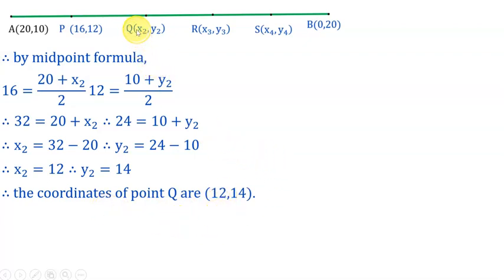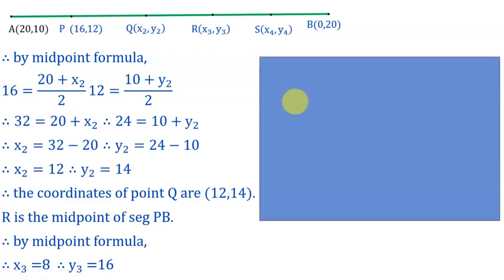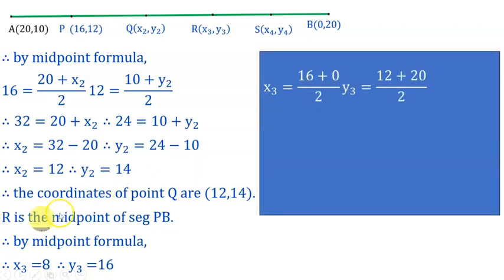Now here we got the coordinates of Q. Okay, next, R is the midpoint of PB. Okay, R is now the midpoint of PB. Therefore by midpoint formula, x3 is 8 and y3 is 16. Okay, next, R is the midpoint of PB.